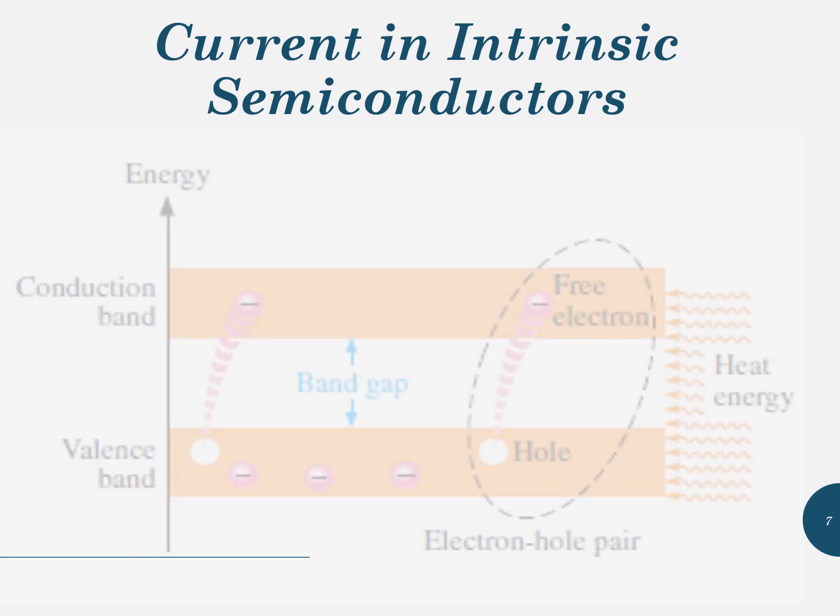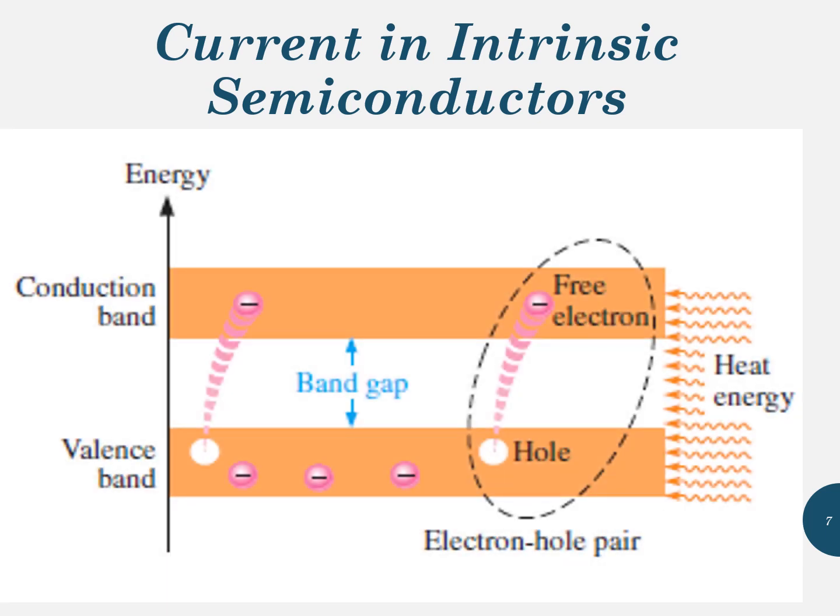Now, look at this figure. When an electron jumps from the valence band to the conduction band, a vacancy is left in the valence band at the electron position within the crystal. This vacancy is called a hole.